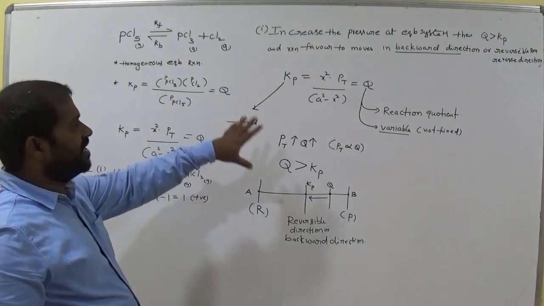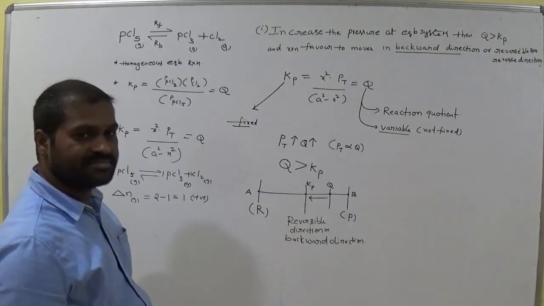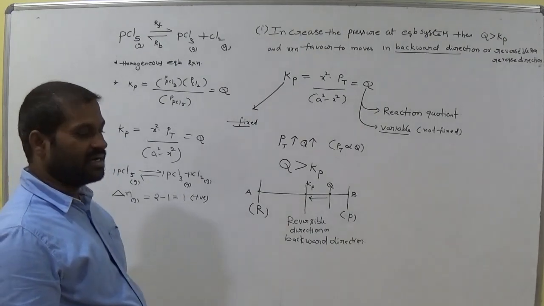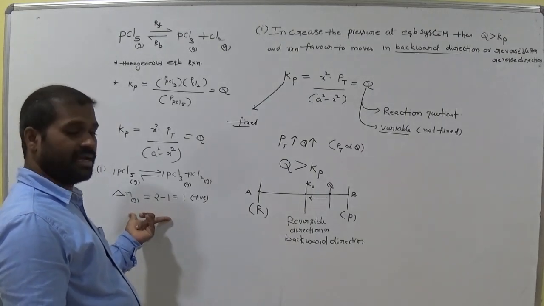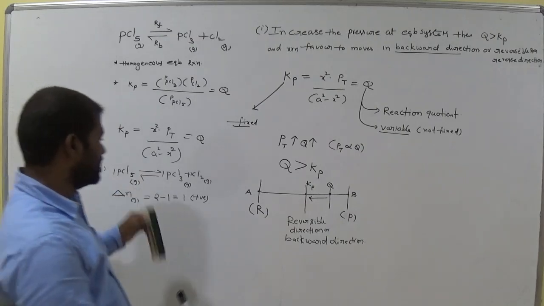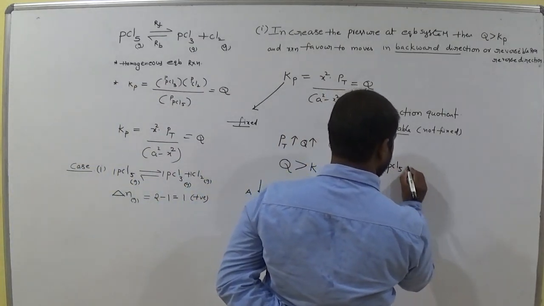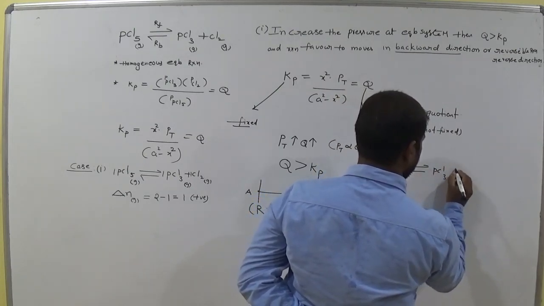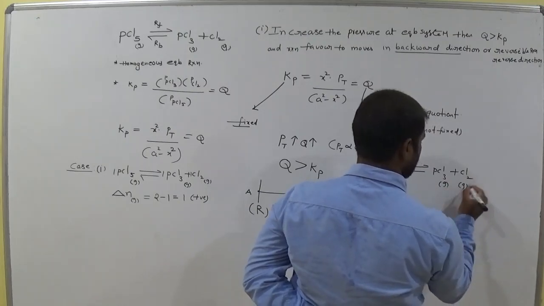In the first case we increase the pressure and clearly you observe one thing here. That means the reaction is backward. Regarding moles, what we have to say regarding this expression? Here this is the reaction: PCl5 is reversible to PCl3 plus Cl2. Is it clear?